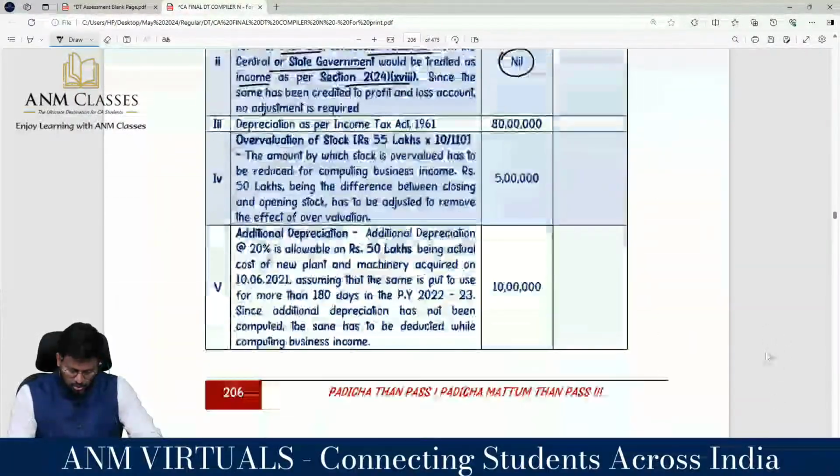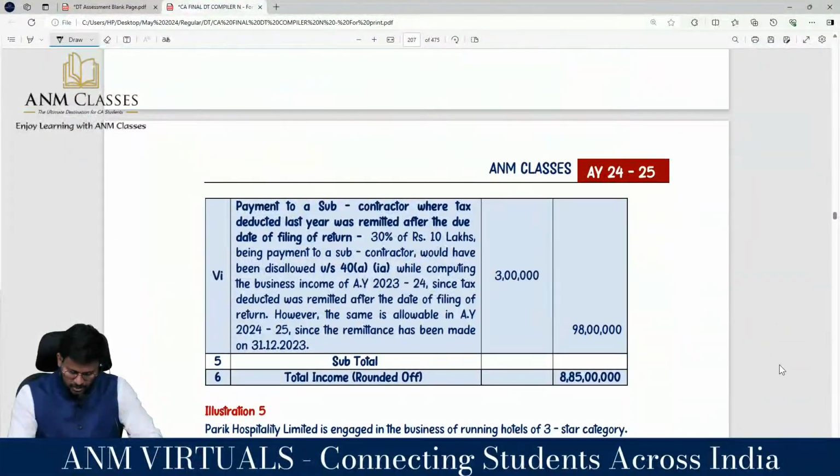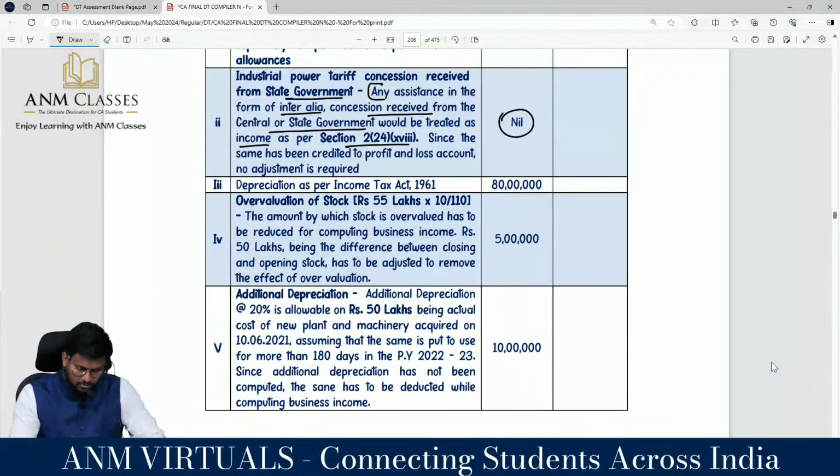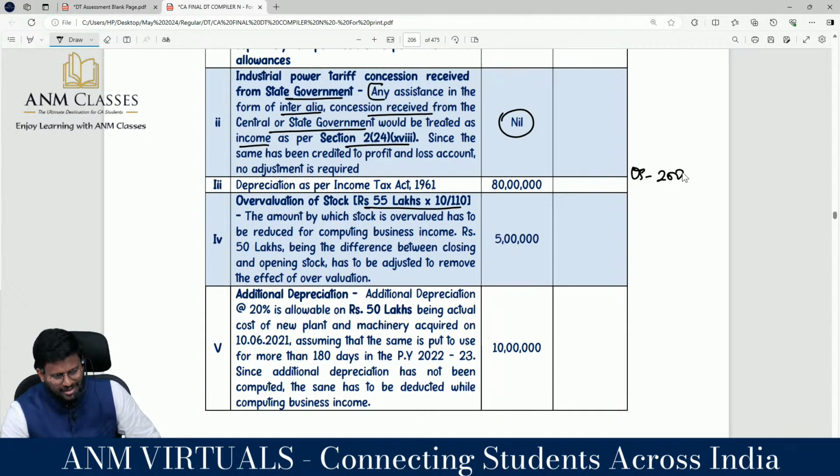Net profit அதிகமா இருக்குமா? So we have to reduce. Overvaluation of stock 55 lakhs. Sir, what is overvaluation? Opening stock எவ்வளவு? 200 lakh.